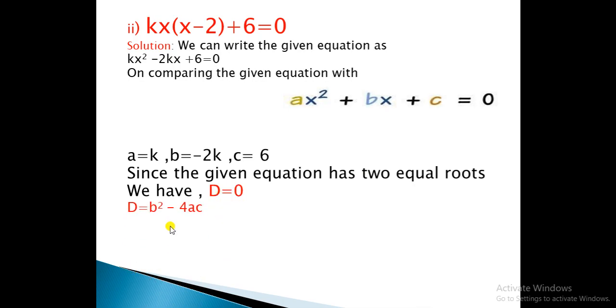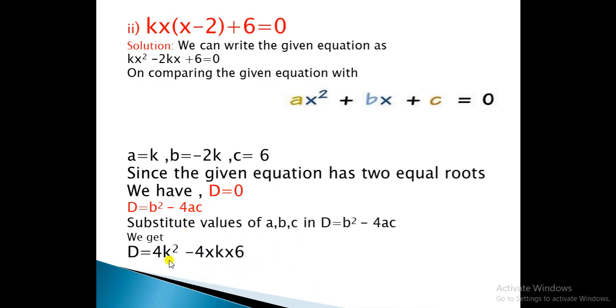Now after comparing we have to find the value of D. But it is given that equal roots are there, so D value will be 0. So first of all let us find D. B square minus 4ac, put the values here. What will we get here? We will get 4k square minus 4k into 6. So it will be 4k square minus 24k. Now in this case we have D equal to 0.